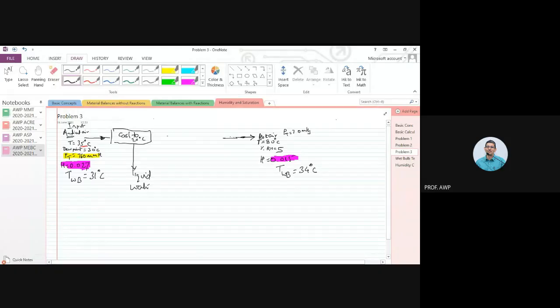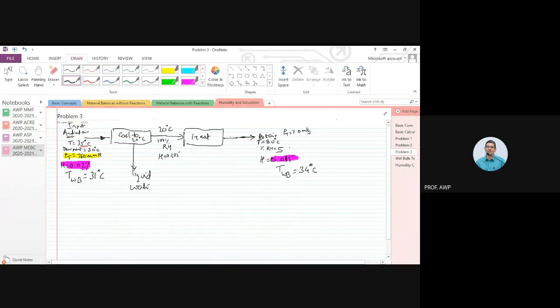The air coming out will be at 20 degrees centigrade, 100% RH, but it will have humidity of 0.015. And then we will heat that air to 80 degrees centigrade, and that will keep the humidity at 0.015. It has already reached that humidity, but it will make the relative humidity 5%. Do you agree with that?